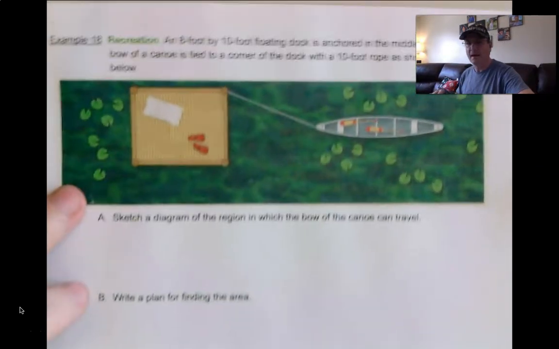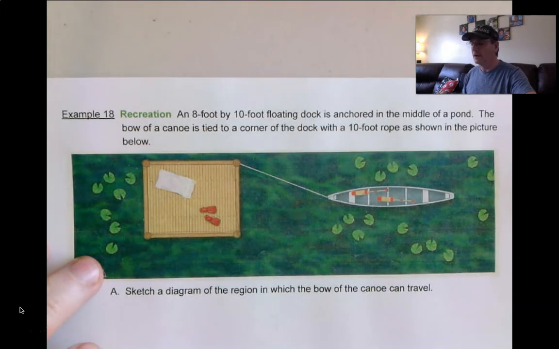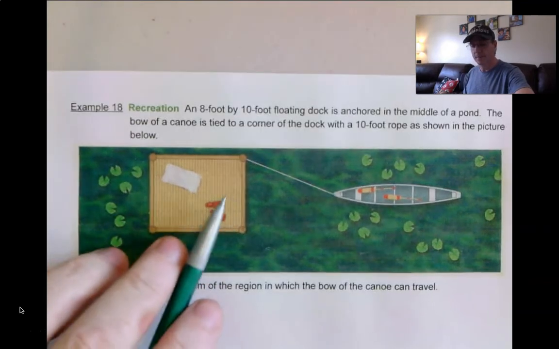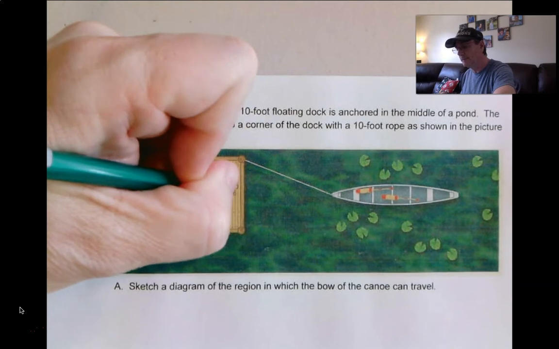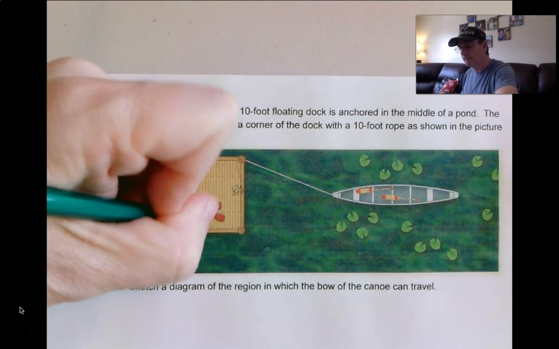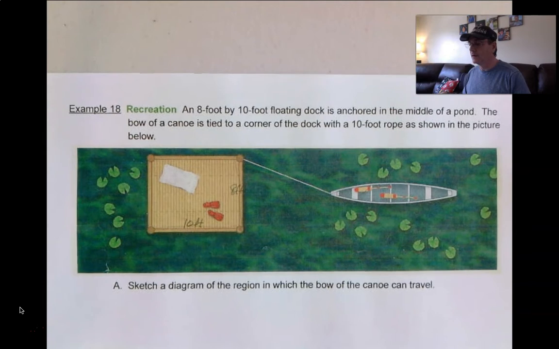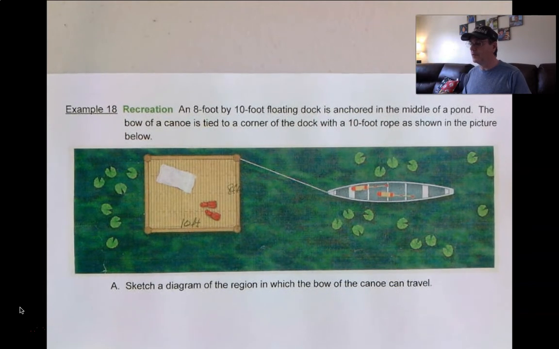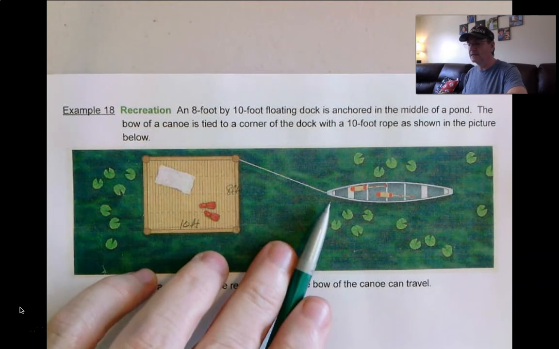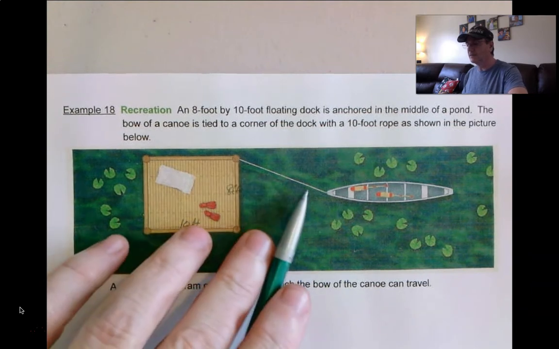And problem number 18, recreation. So an 8-foot by 10-foot floating dock. So we have 8 feet and 10 feet is anchored in the middle of the pond. The bow of the canoe is tied to the corner of the dock with a 10-foot rope.